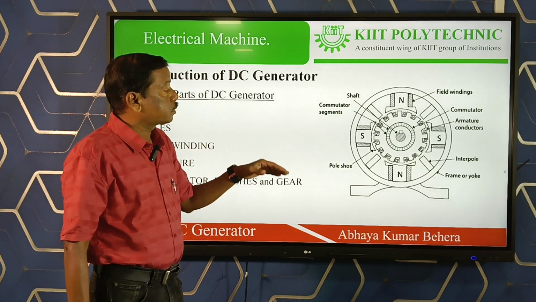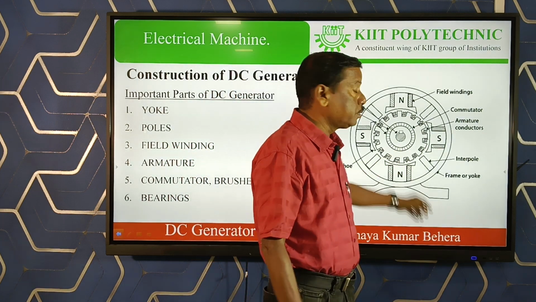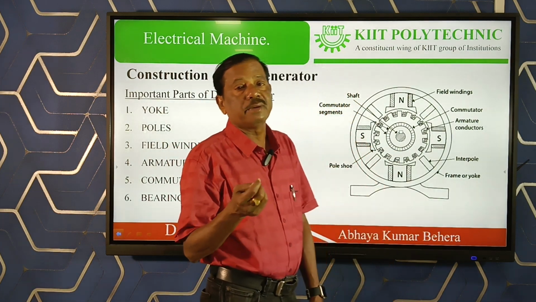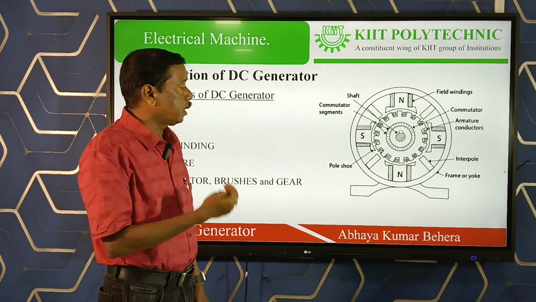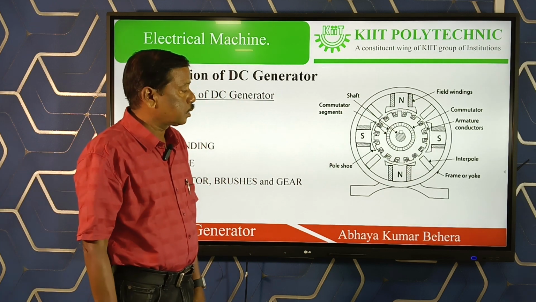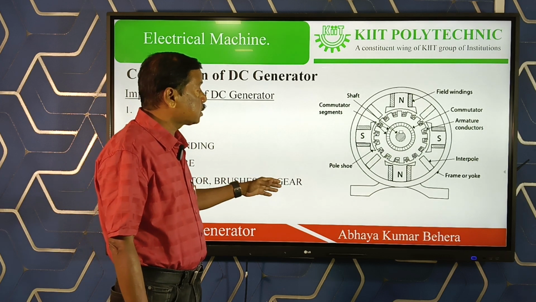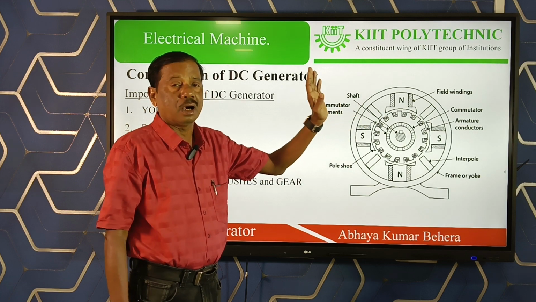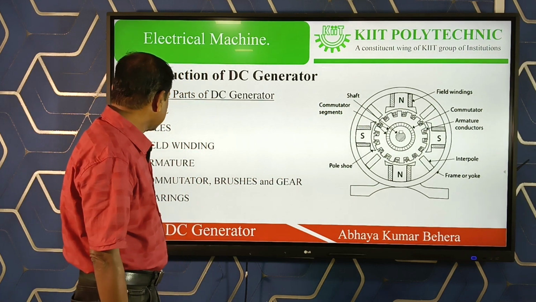Then brushes are fixed on the commutator. The carbon brushes collect the current converted by the commutator, and through the brushes the current goes to the output.